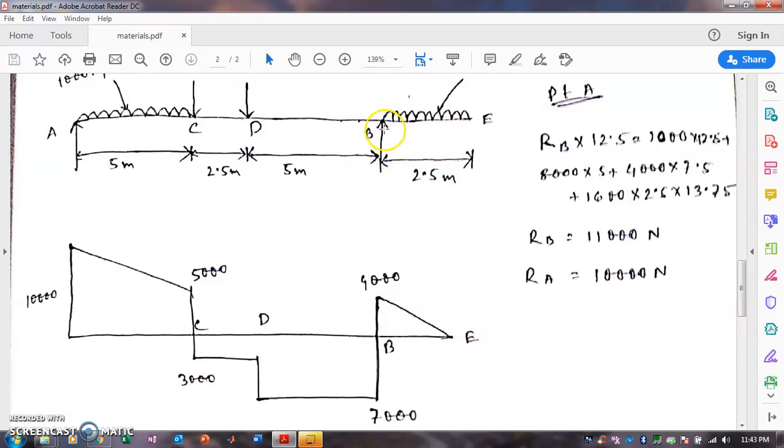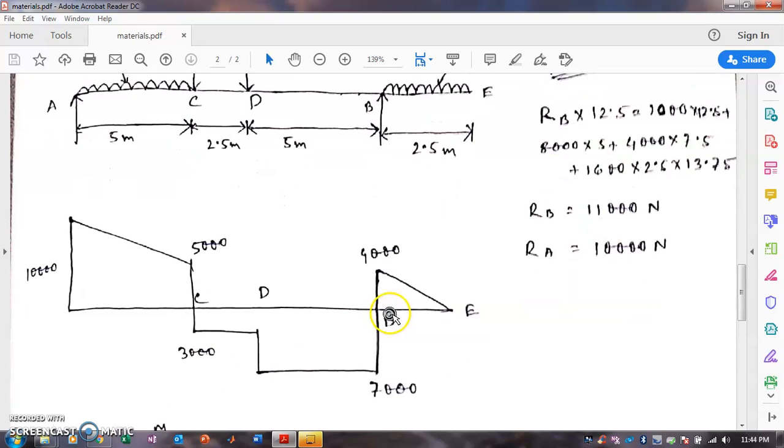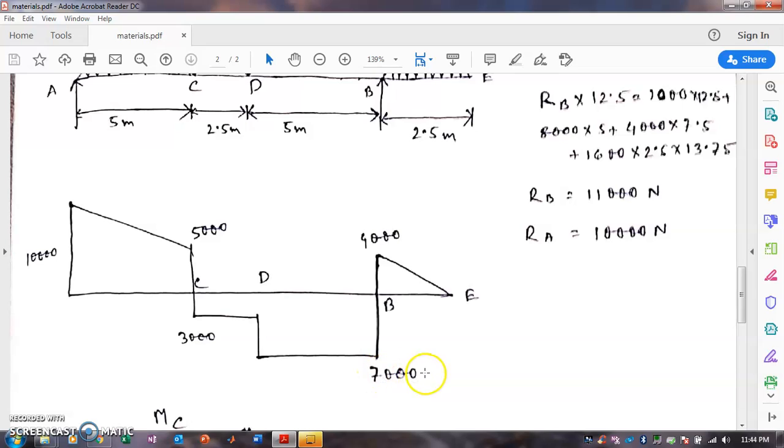The value here is 1600 into 2.5, so 4000. Now RB is upward, so it will be 4000 minus RB, so 4000 minus 11,000, that is minus 7,000. It changes its sign, it becomes negative.